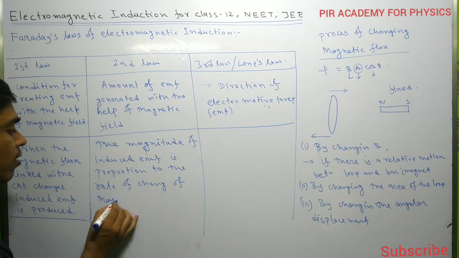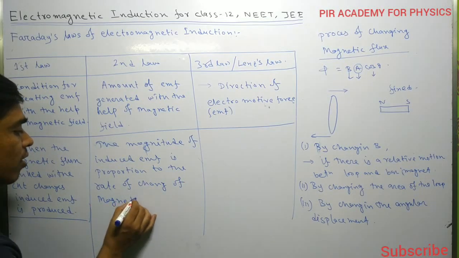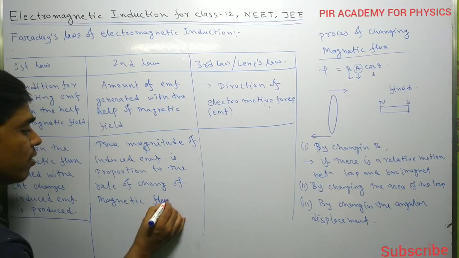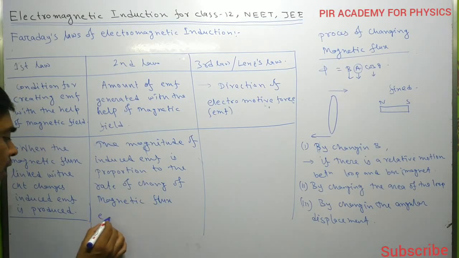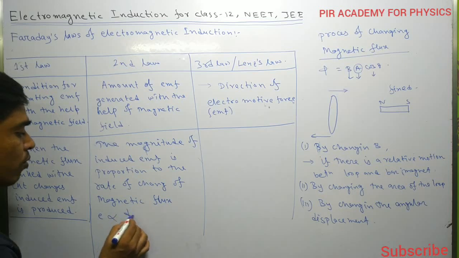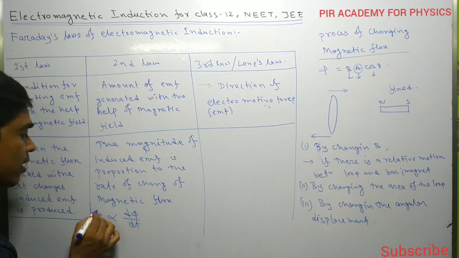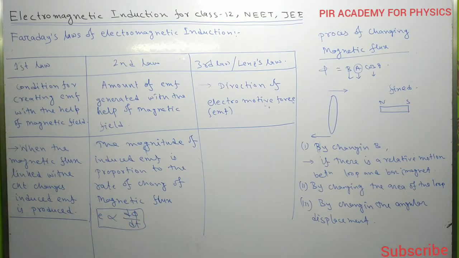That means E is proportional to d phi by dt. This is the second law of Faraday for electromagnetic induction.